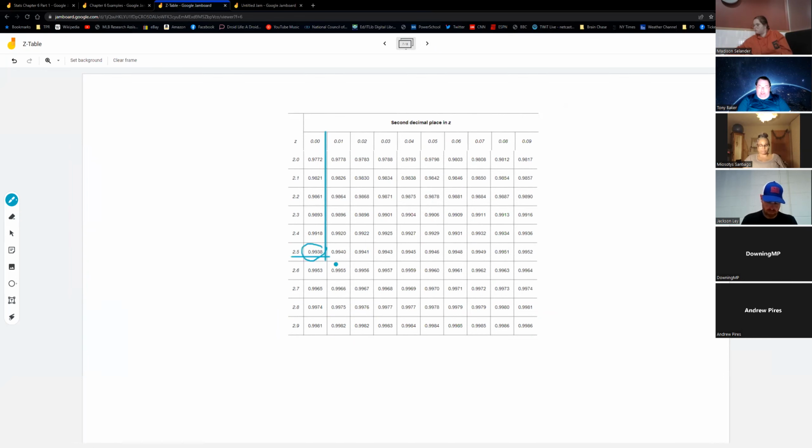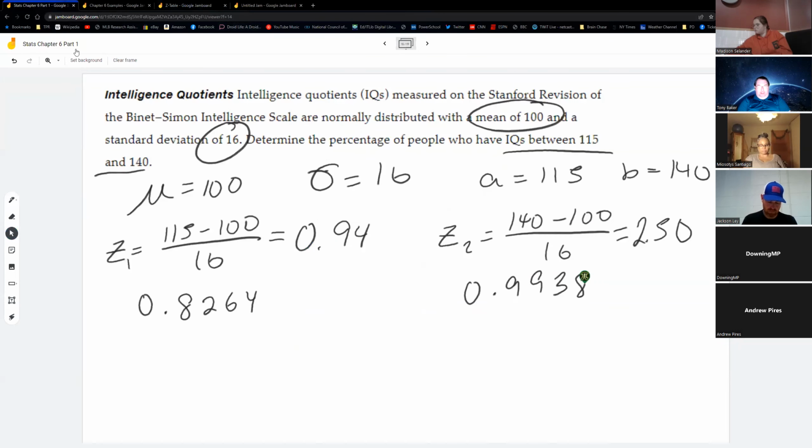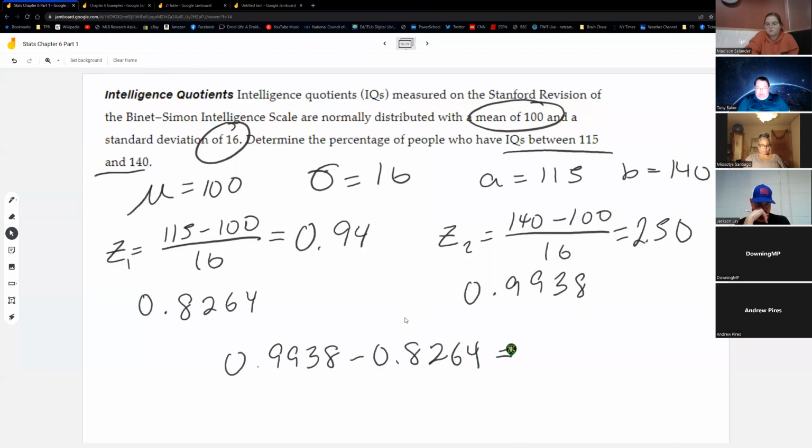So we get 0.9938. Now I want between those two, so we subtract. And we get 0.1674. So 16.74% of the population has an IQ between 115 and 140.